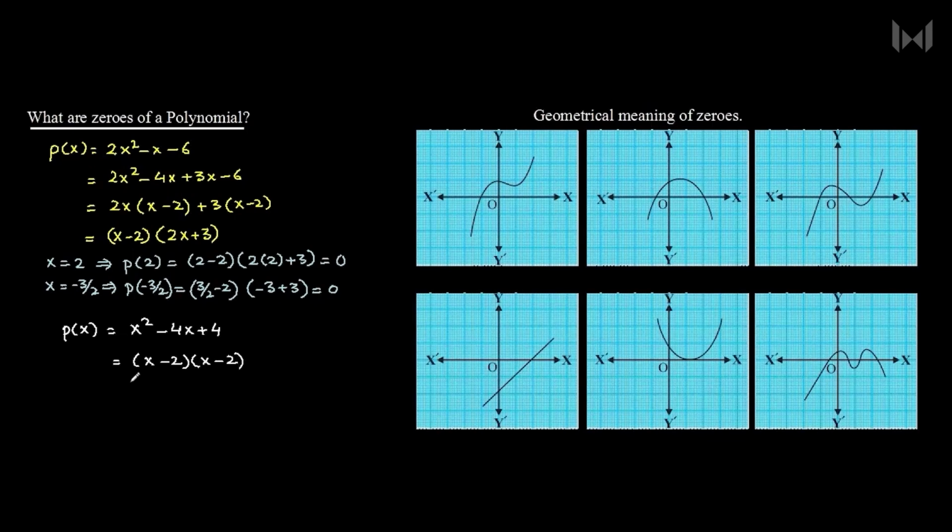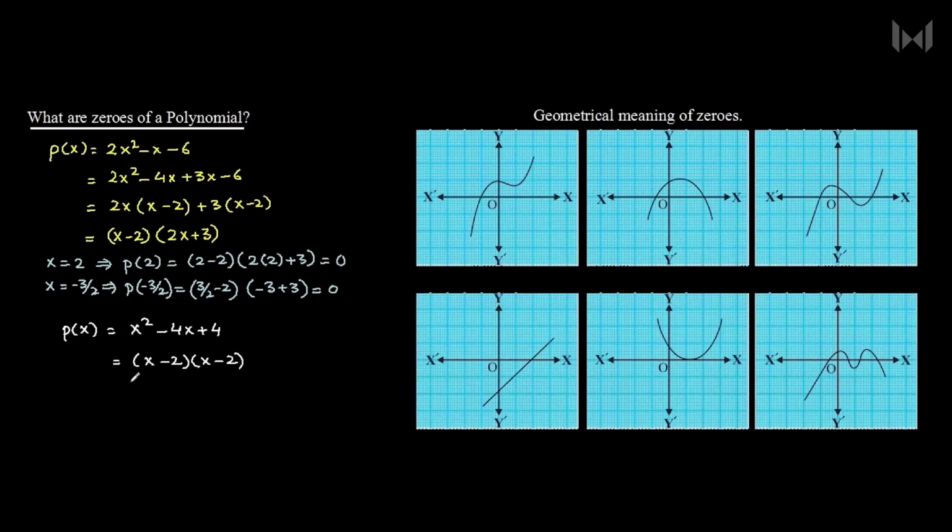In the first example we had 2 zeros, 2 and −3/2. In the second case we again have 2 zeros, but they are both the same. Remember, whenever 2 zeros are the same, the graph will take a U-turn from that particular point on the x-axis.